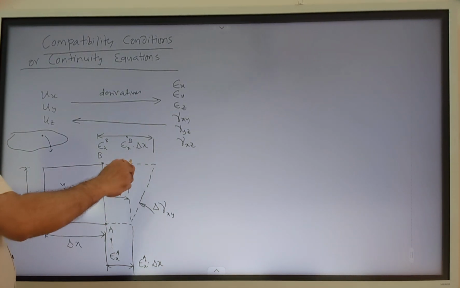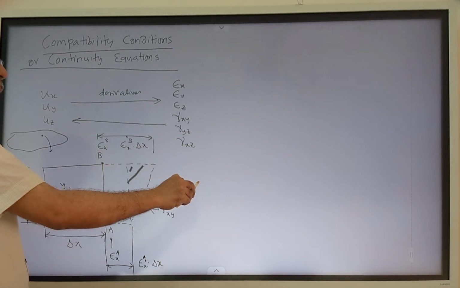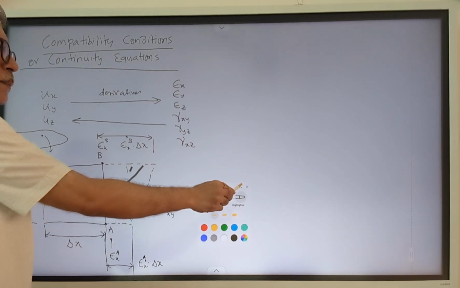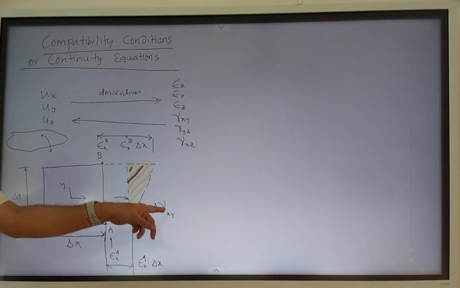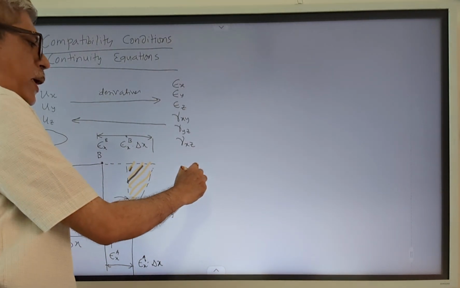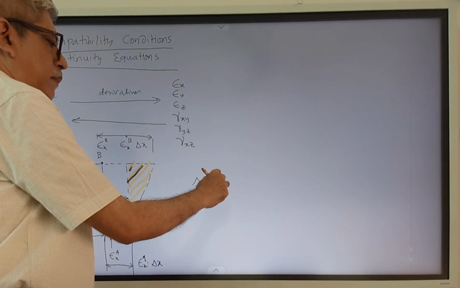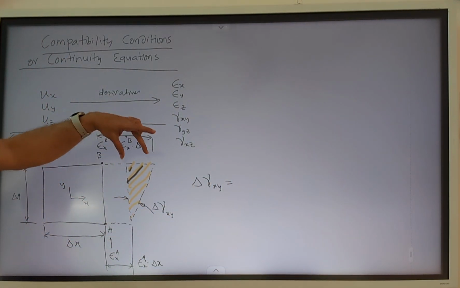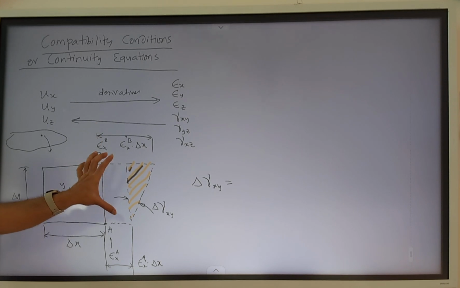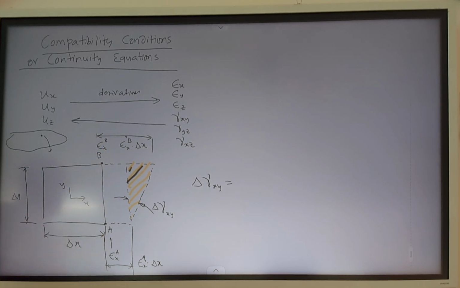Now if you look at this particular triangle, you can tell what delta gamma xy is. That would be given by this distance divided by the height of this triangle.